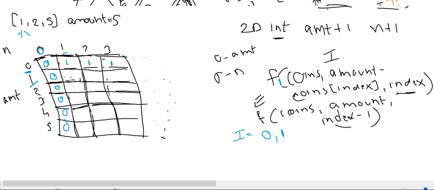For include, I look at the value of this cell, which is 1.